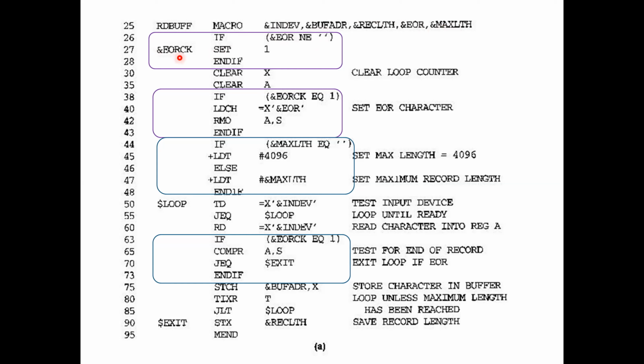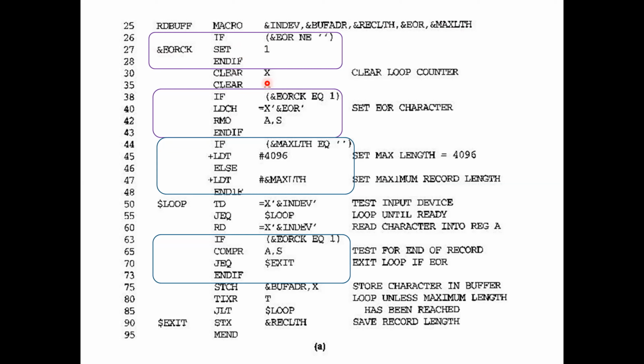So if you have a symbol in your macro that starts with ampersand and is not a parameter passed in the macro, it will be treated as a macro time variable. It will also be treated as a parameter inside your macro definition. You can use this &EORCK anywhere in your program, and it is set to 1. Then the end of the if condition.